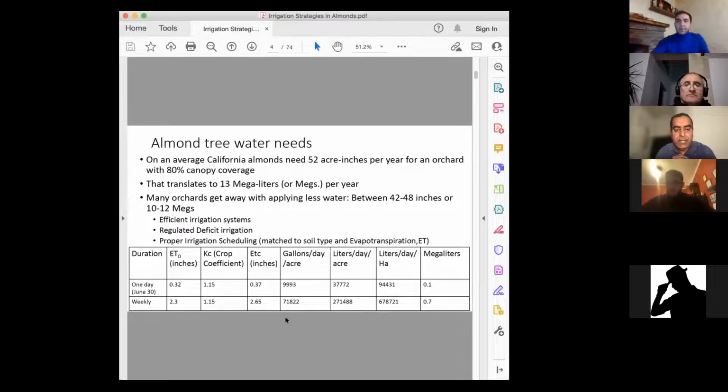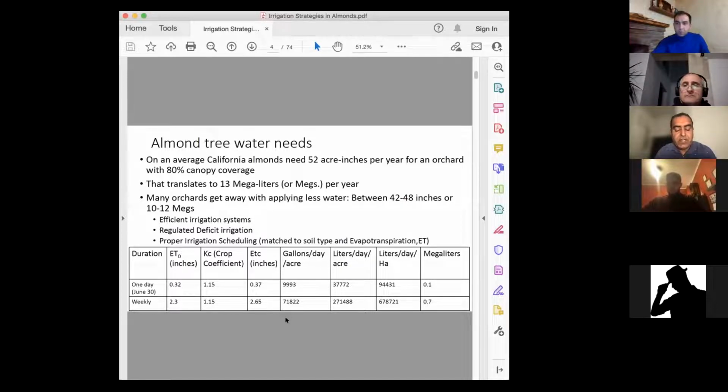Okay, in California, typically we have seen this water demand for almonds put at 52 acre inches, which seems higher in today's scenarios because a lot of orchards don't irrigate that much. A lot of orchards don't have that water.